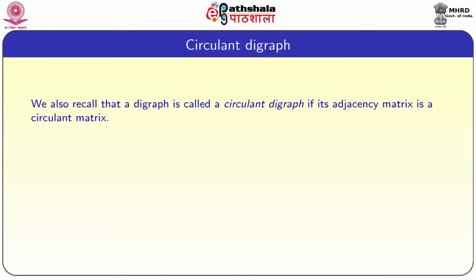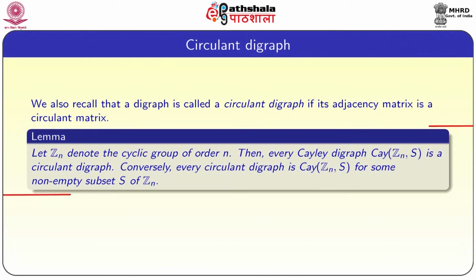Now, recall a circulant digraph. A circulant digraph means that its adjacency matrix is a circulant matrix. Let Zn denote the cyclic group of order n, then every Cayley digraph Cay(Zn, S) is a circulant digraph.